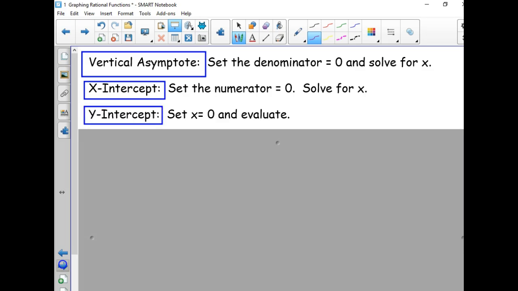The y-intercept, we just set x equal to 0 and we evaluate.